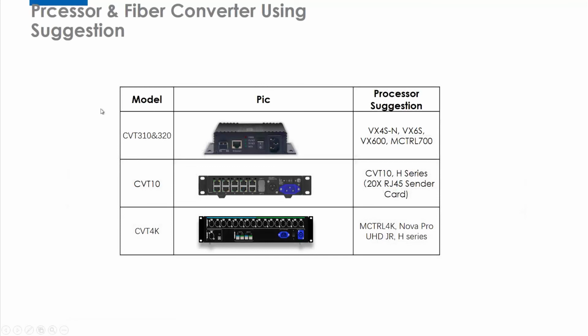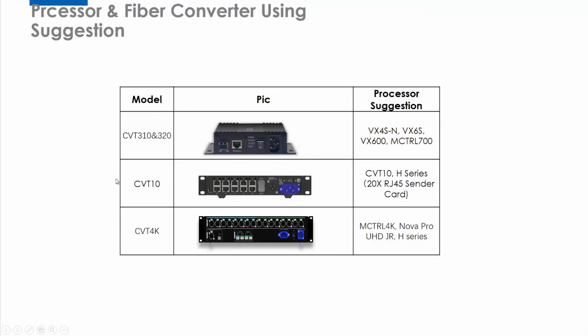So for CVT310 and CVT320, I suggest that you use them with this kind of processors like VX4S-N, VX6i, VX600 and Control 700. This one is suitable and it's convenient.